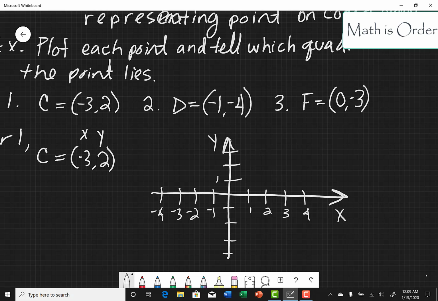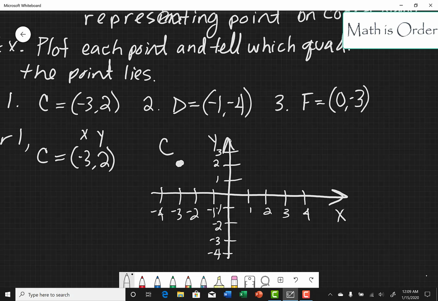Just be mindful of what points you're given, and that can determine what types of values should be on your coordinate plane. I need to go -3 along the x-axis and 2 along the y. So that point looks like it's going to be right about there. And we'll put C here.